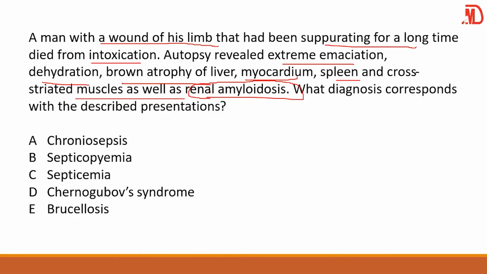Now, in organs and tissues, you could see atrophy, you could see dehydration being expressed. You could see brownness of the liver and the myocardium. There can be a decrease in the spleen as well.